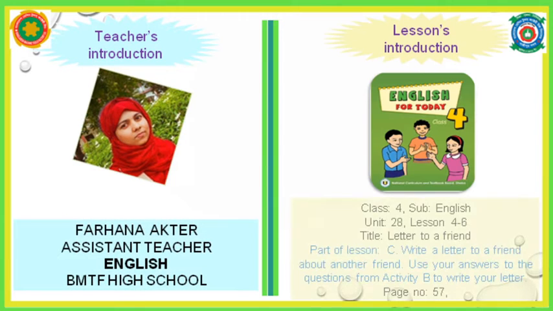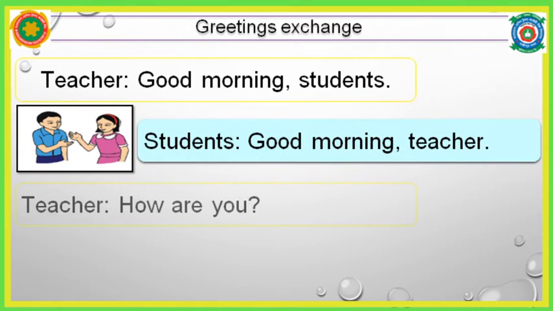Today's course outline: Class 4, Unit 28, Lessons 4 and 6, and your course title, Letter to a Friend. At first, you have to learn some greetings, how you can exchange greetings between teachers and students.